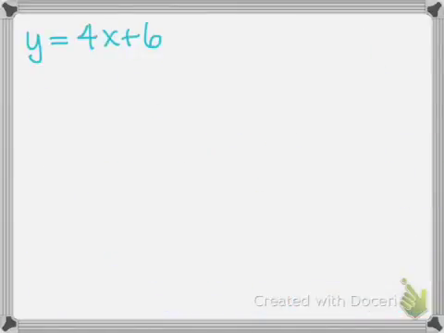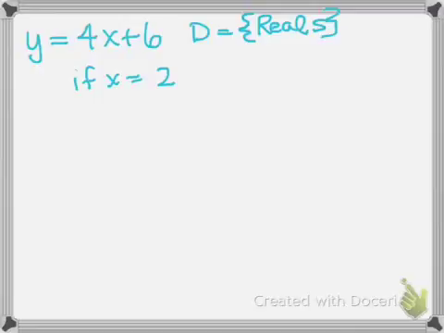So, for example, if we have y equals 4x plus 6, and we know the domain is the real numbers, we have our inputs. We know that we have domains, so the domain is the real numbers, so that would be our input. If we take one of those and plug it in, 4 times 2 plus 6, we get 14. 14 is our output.